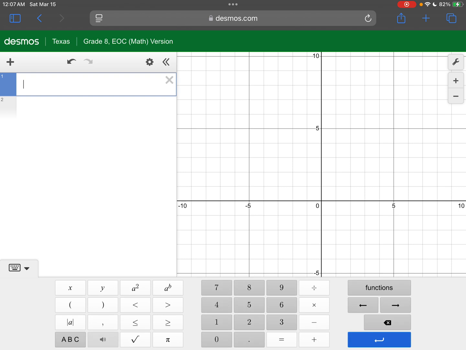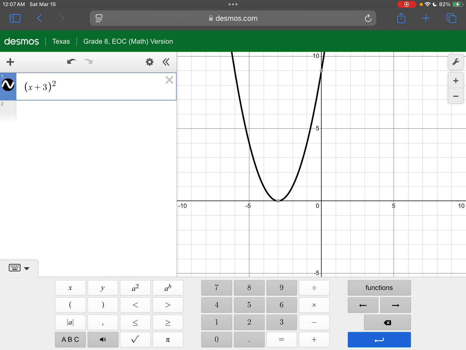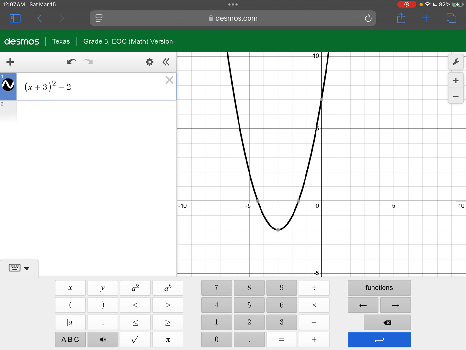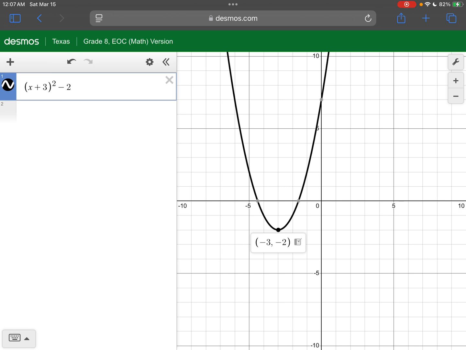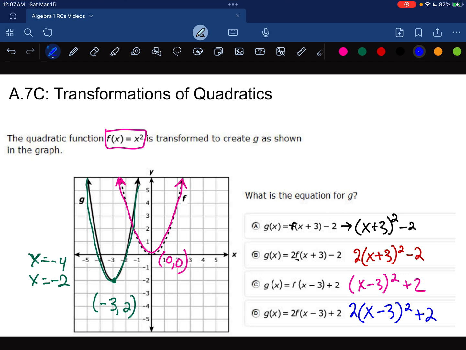First one was x plus 3 squared minus 2. Okay, I have -3, -2. Let's go back. I'm sorry, it should have been -3, -2. So far, it's the first one, but let me just make sure none of them also follow.